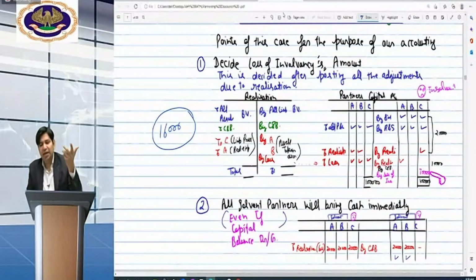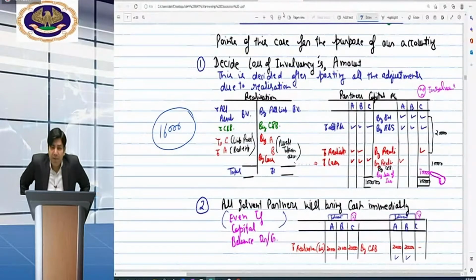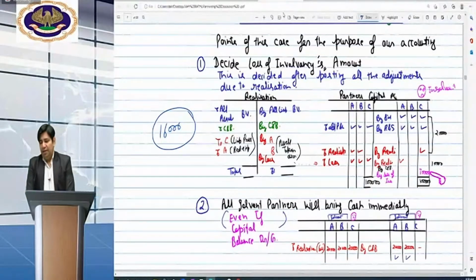Anuradha, can you please tell me if 16,000 insolvency loss is okay? I am moving step by step so that you do not get confused. Please tell me everyone, step by step. I am waiting for your answer, beta ji.